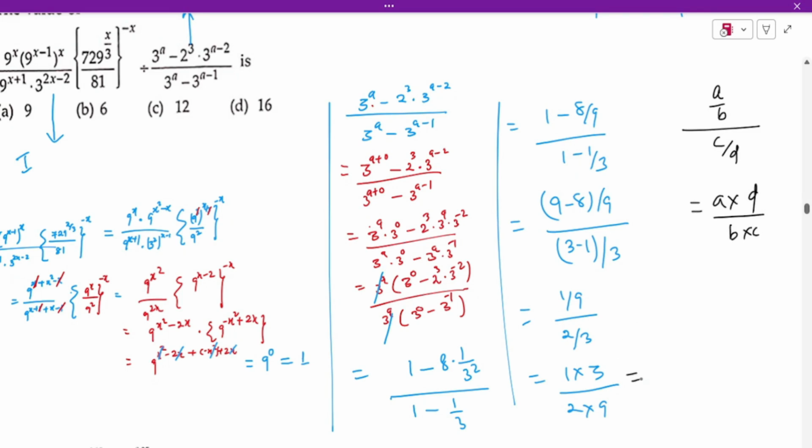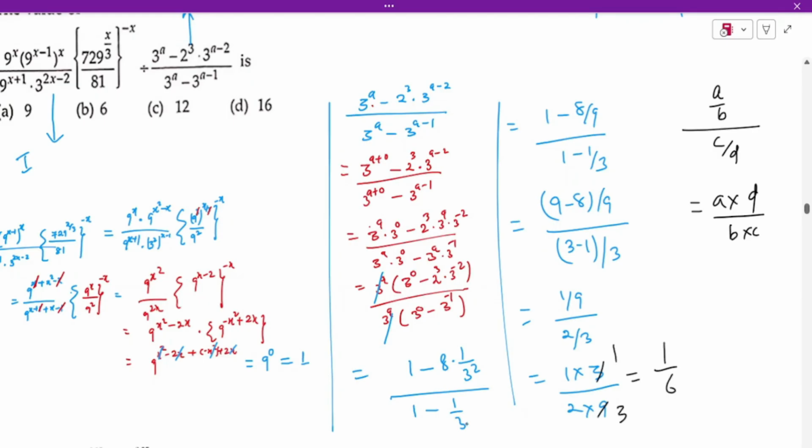With the same thing, we can write this like: 9 is in the denominator of the numerator and 2 is the numerator of the denominator. So 2 and 9 will be in the denominator and the top and bottom will be in the numerator. So 3 ones are 3 and 3 threes are 9... 3 ones are 3 and 2 nines are 18. So this is equal to 1 by 6.